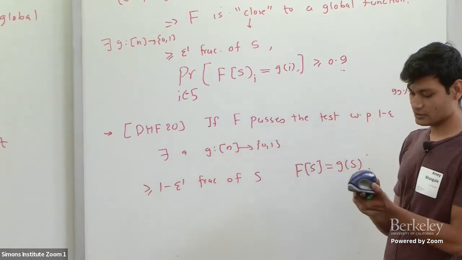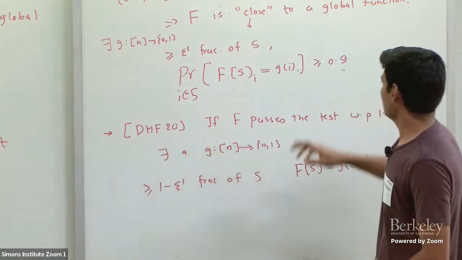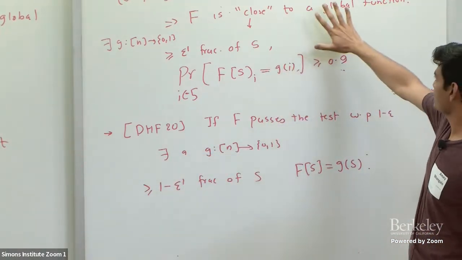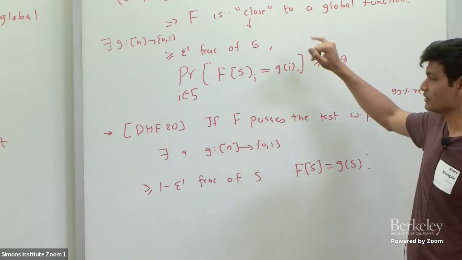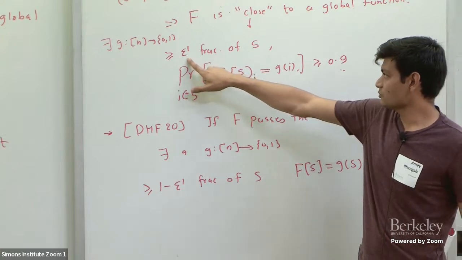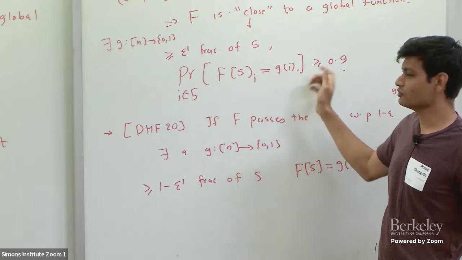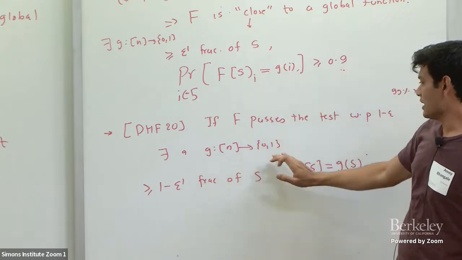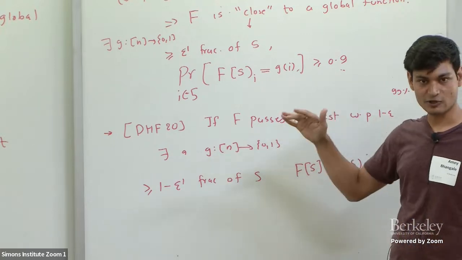Before stating our direct product result that we need for this, let's compare these two results. The first is in the low acceptance regime, with a much weaker guarantee on the table, and they conclude that for some epsilon prime fraction of the sets, the table agrees with the function on a constant fraction of the coordinates. Here the starting assumption is much stronger: the test passes with probability 1 minus epsilon.